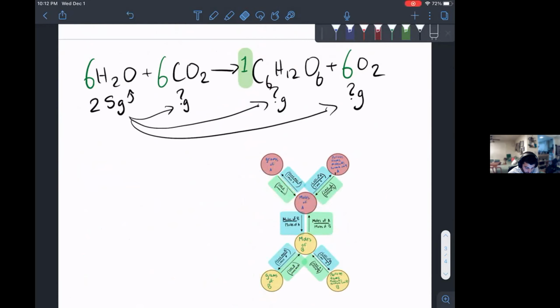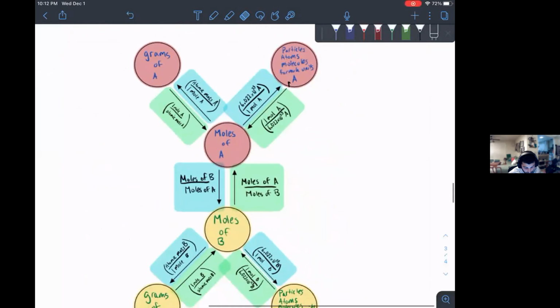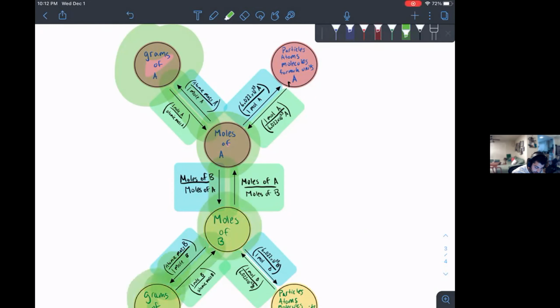All right, so we have our mole island diagram, and I'm going to zoom in here. We're going to be going in every single one of our reactions. We're going to go from grams of one thing, being water, to moles of water, then to moles of something else and grams of something else.